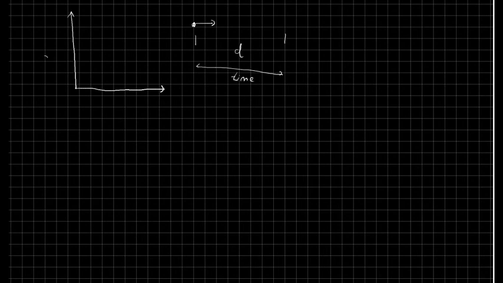We can plot the distance traveled, which I'm going to say is along the x direction, and along this axis we're going to have time. Let's say it's a straight line again. If we were to work out what the velocity was, we know that the velocity is the distance divided by time, and in this case that's x over t.